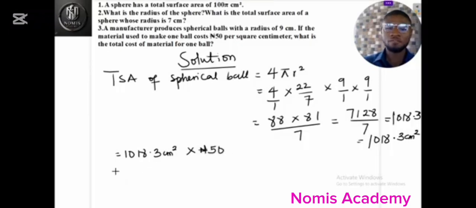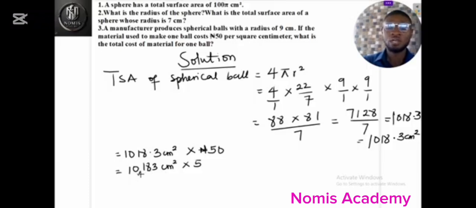So if I multiply it by 50 naira, that is just 1,018.3 multiplied by 5 times 10. So I can just say 10 multiplied by this, so I'll arrive at 10,183 such that the decimal point goes behind.